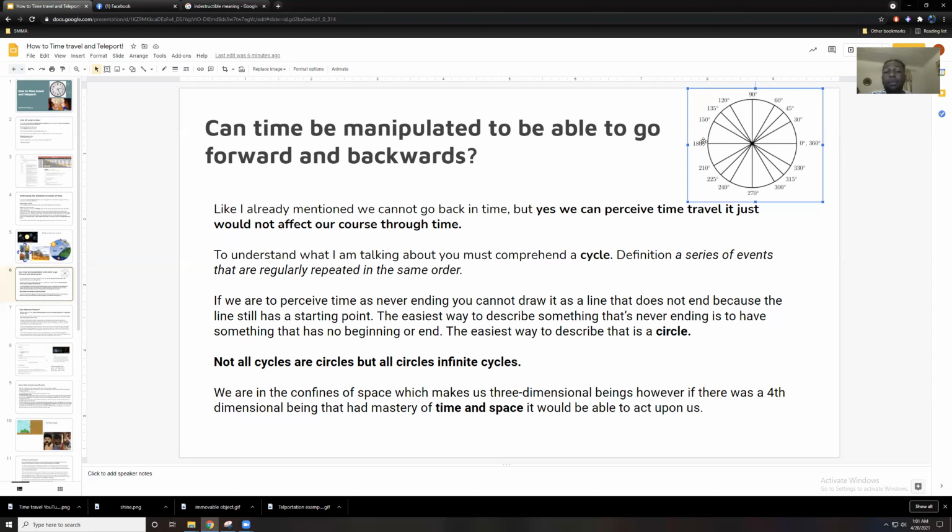But from your perspective, that's not possible, because you as an object cannot travel without time passing, because you yourself indicate the existence of time.